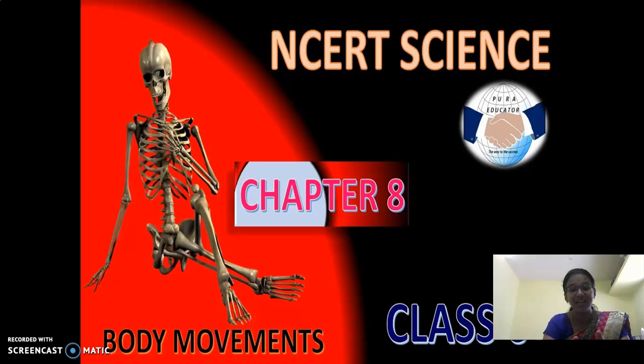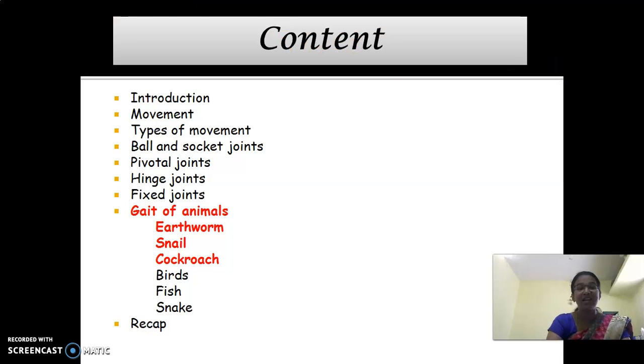How do the different parts of our body move? How human beings and animals are able to move from one place to the other place? These are the contents which we had discussed in the last session. Today we are going to see a new topic, that is gait of animals.